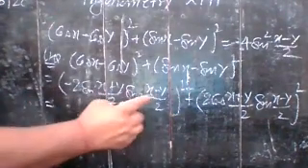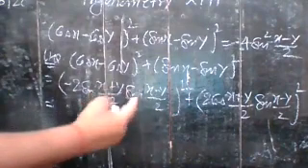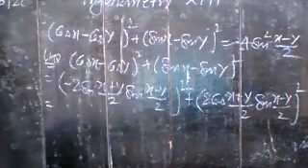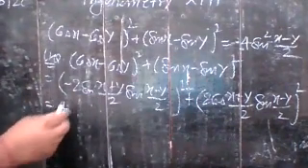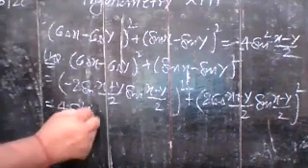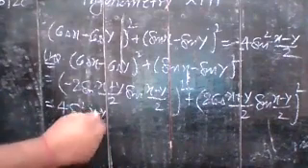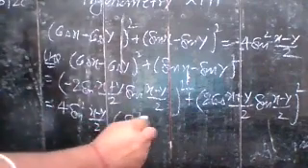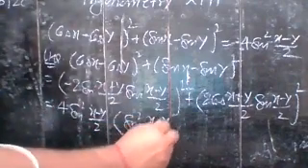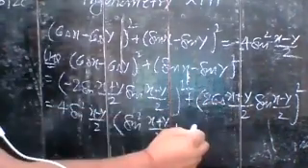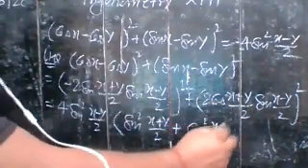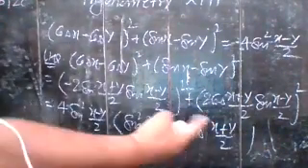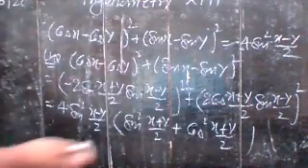That is, 4 sine (x minus y) by 2 whole square is common. You can apply it directly because all those terms are in the form of a product. So you take common 4 sine square (x minus y) by 2. Taking this common, here you have sine square (x plus y) by 2 and cos square (x plus y) by 2, and sine square (x plus y) by 2 plus cos square (x plus y) by 2 is equal to 1.